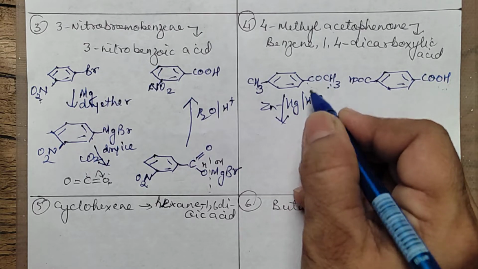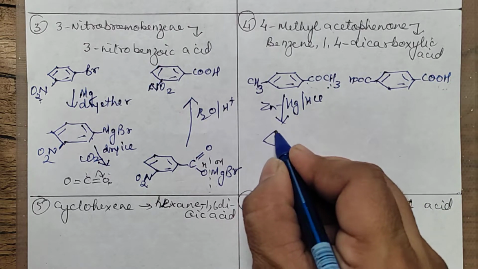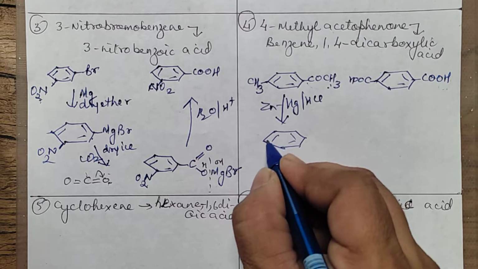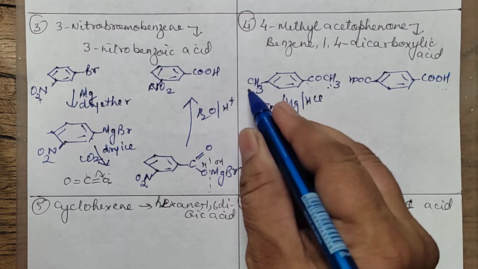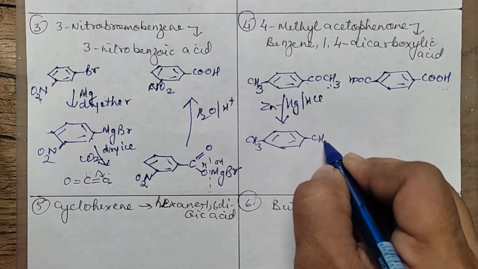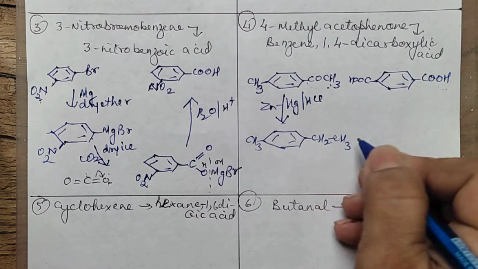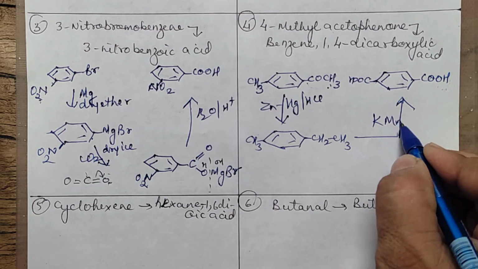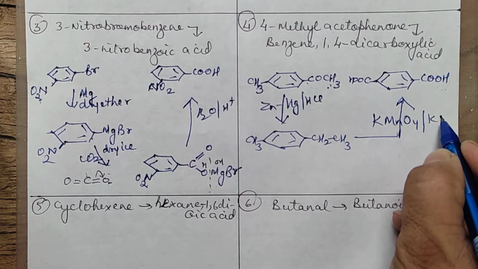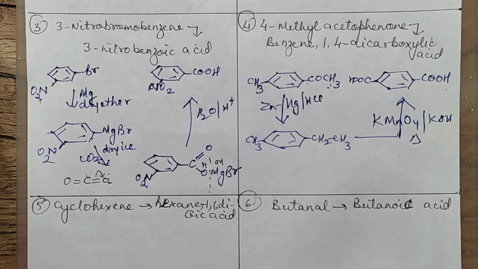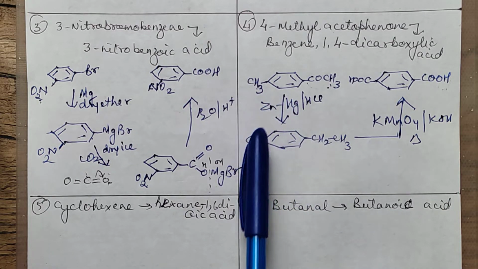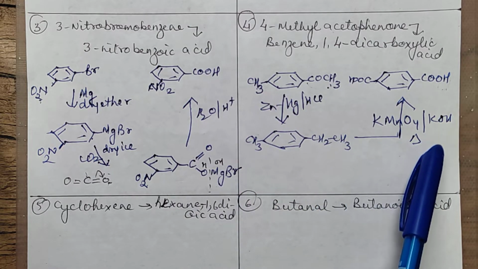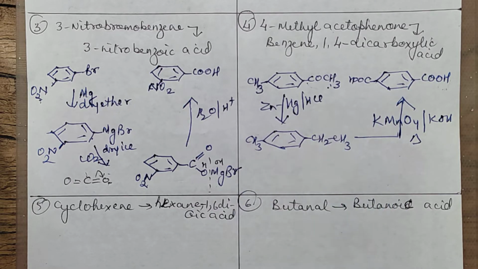You will convert this into ethyl group. That means you will have one side methyl, the original one already present. The another one also will be ethyl now. This can now be converted into it by KMnO4 and KOH and heating it. Irrespective of the number of the alkyl radicals, all get converted into acid. It is that reaction which we have done in acids.